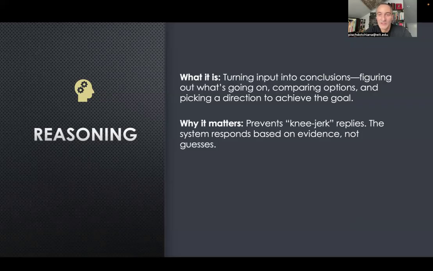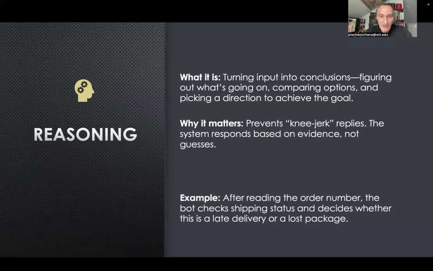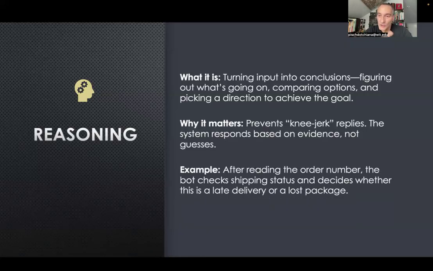The system responds based on evidence, not just guessing. Here's an example. After reading the order number the perception extracted, the bot checks shipping status and decides whether it is a late delivery or a lost package. We have a little interesting exercise at the end that will showcase this in our Python.